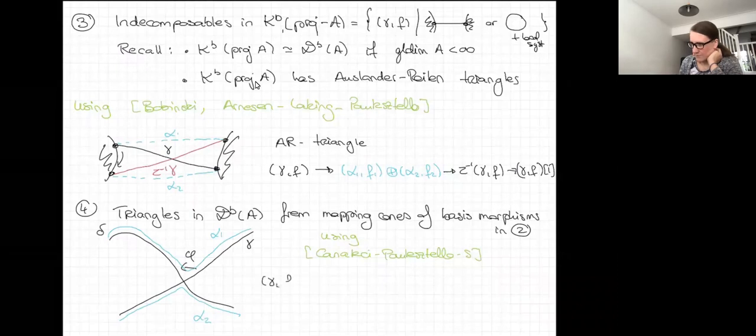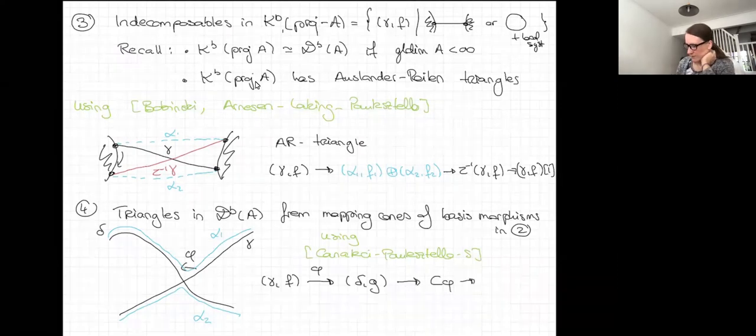So we have gamma f, we get a map phi to the curve delta with some grading g, and then we have by construction the mapping cone, and then this completes to a triangle, so we can always do this. The shift, and this mapping cone we show is isomorphic.